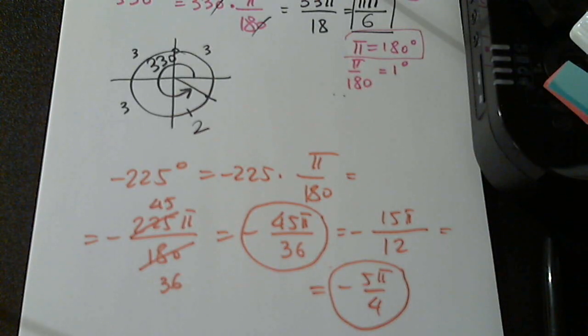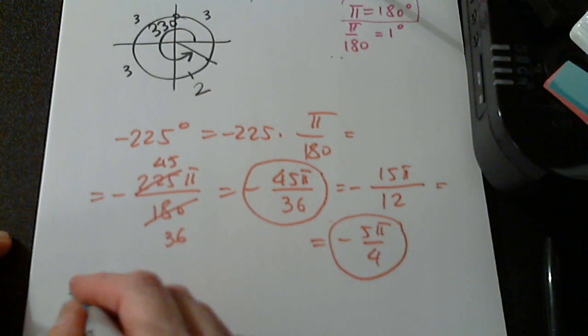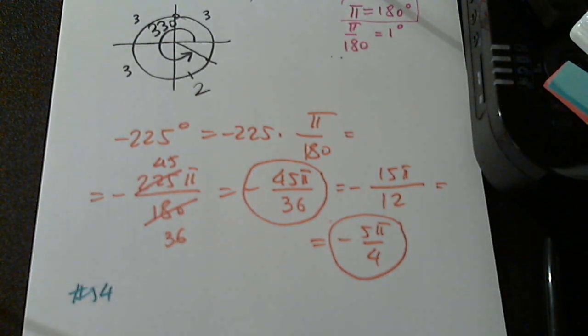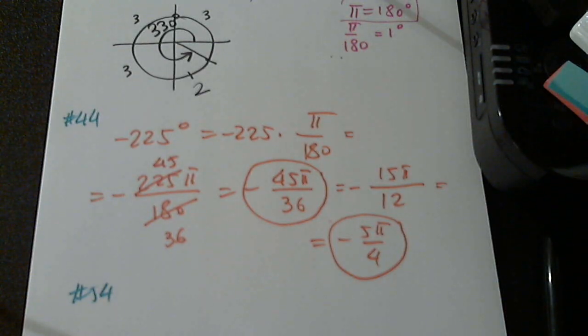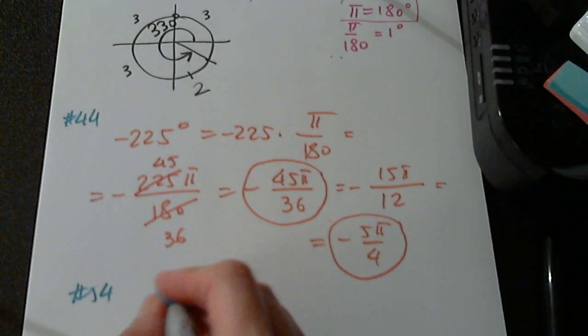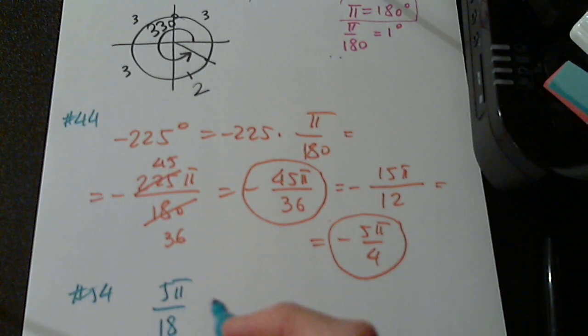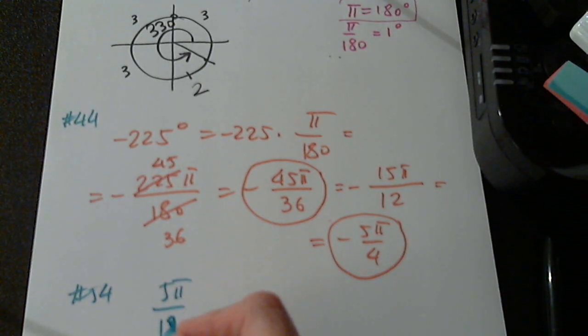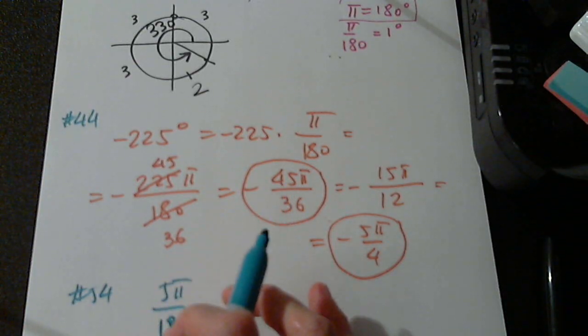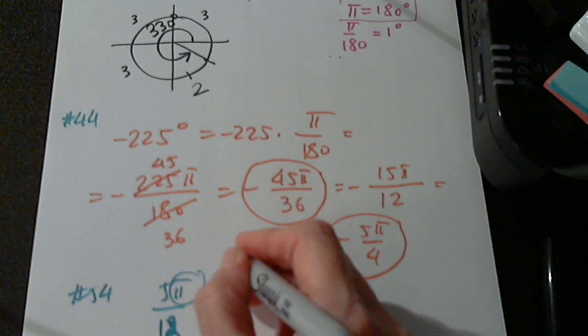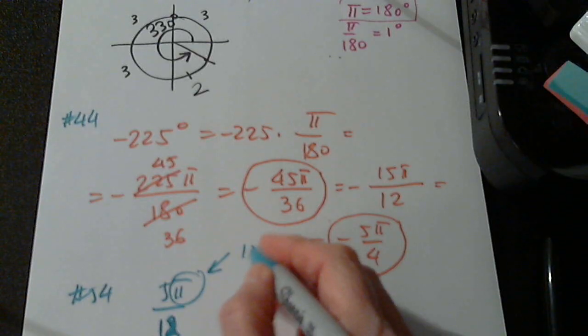Can we do 54? Yes, 54. So what number was that? The negative. Okay, this is 44. Okay, so we have a 5 pi over 12. All you have to do, because you don't know what pi over 12 is, is just replace pi by 180.